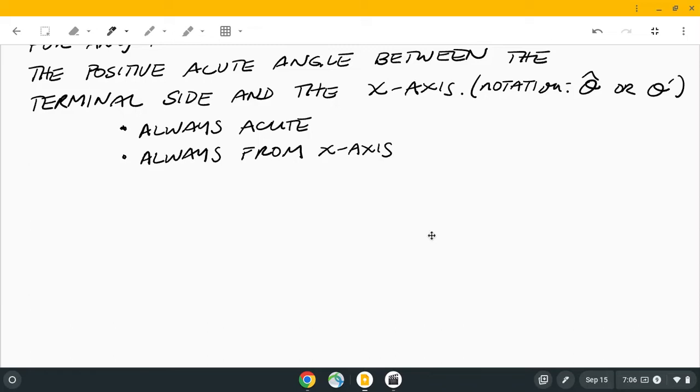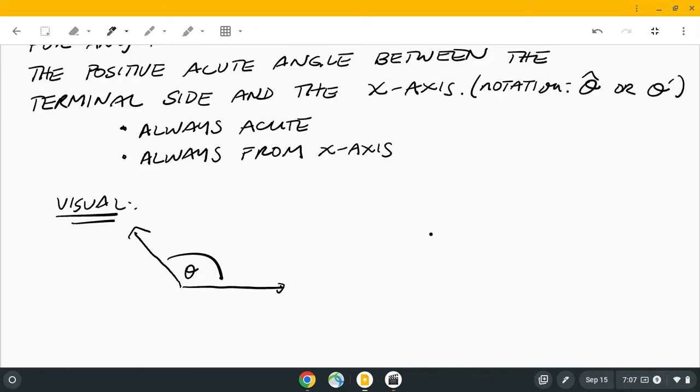All right, so let me give you a visual of what we're talking about. Suppose we're talking about something like 135 degrees, right? 135 degrees is definitely not acute. It's more than 90 degrees, right? So let's imagine an angle like that.